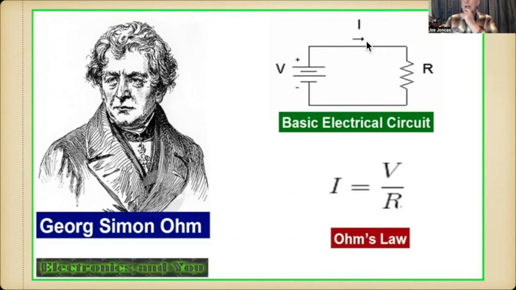What kind of current are they talking about? Conventional. Hole flow, conventional, correct. And there's a resistance, so the hole flow is going this direction, in a closed circuit. Electron flow, the negative ones, goes this direction. So I, which is current, is equal to voltage over R.